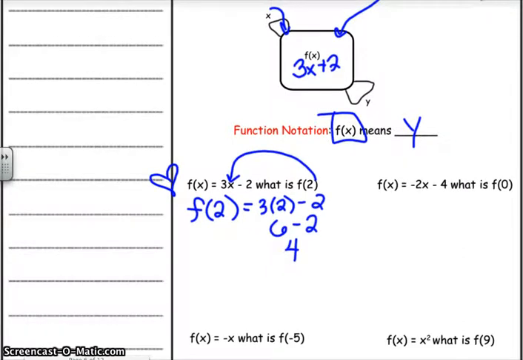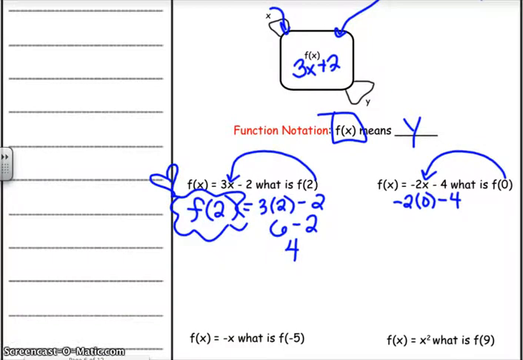The next one, f of x equals negative 2x minus 4. That just means my function rule. And you don't even have to do this first part that I did, the f of 2 equals. A lot of times I just plug right into evaluating. So I just say negative 2 times 0 minus 4. What happened is I put my 0 where the x is.